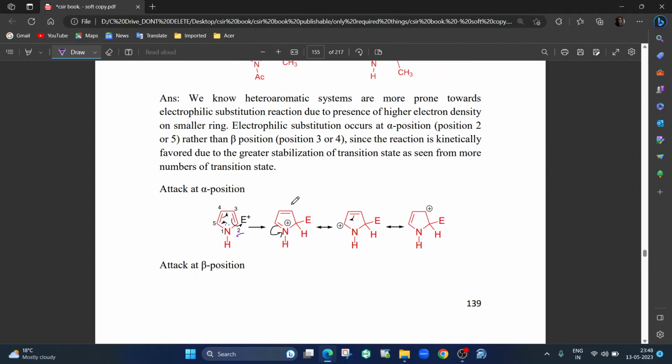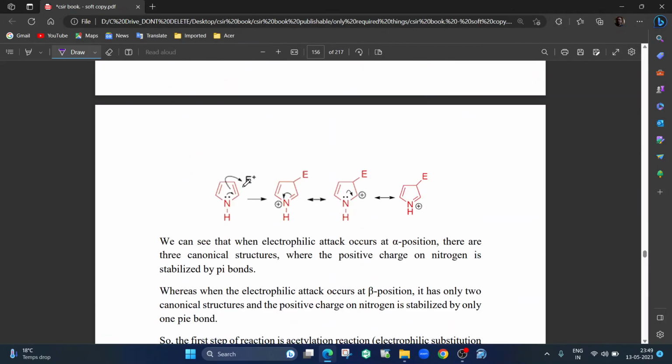So both this pi bond and this pi bond are involved in the stabilization of this positive charge. When two pi bonds are stabilizing, the positive charge is delocalized over a long range. You can see it is delocalized over here, then here, and then here. So the energy is reduced and it is therefore quite stable compared to when attack occurs at position 3.